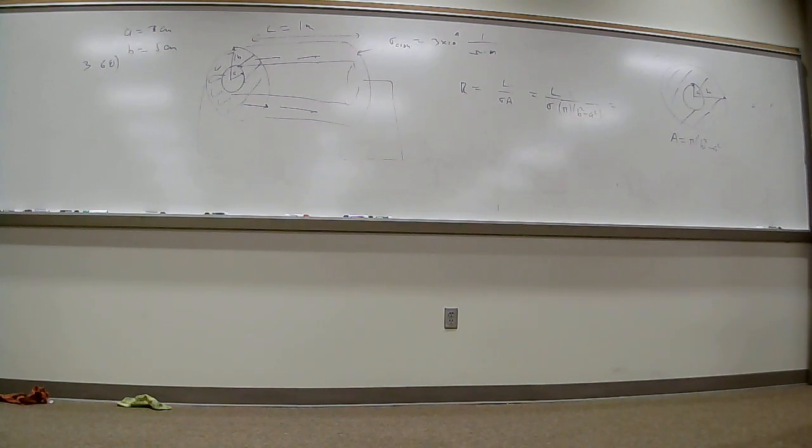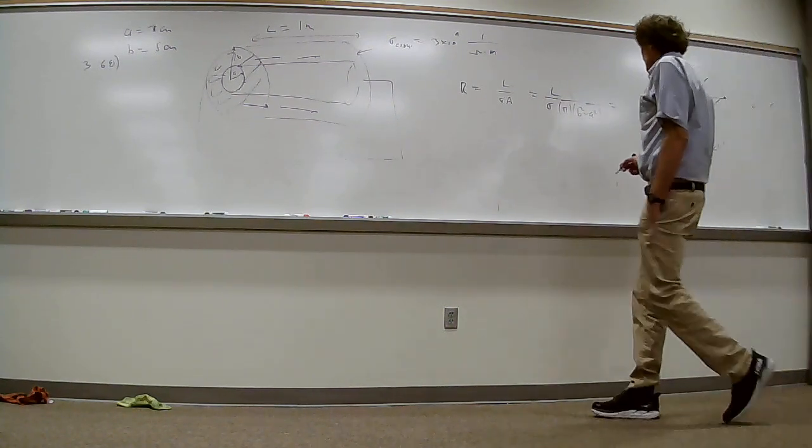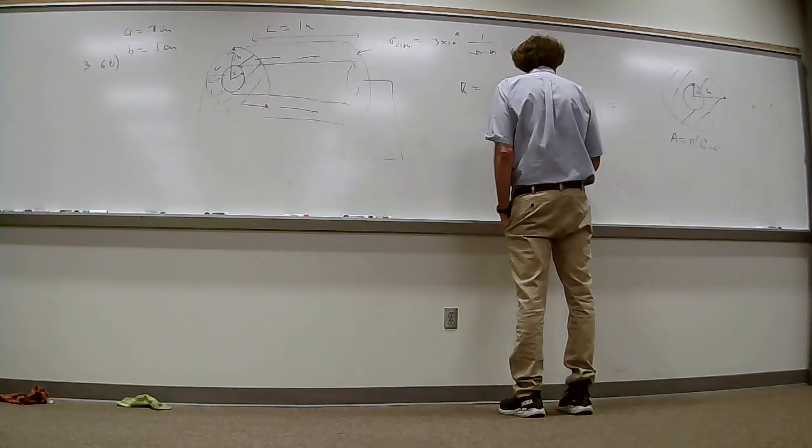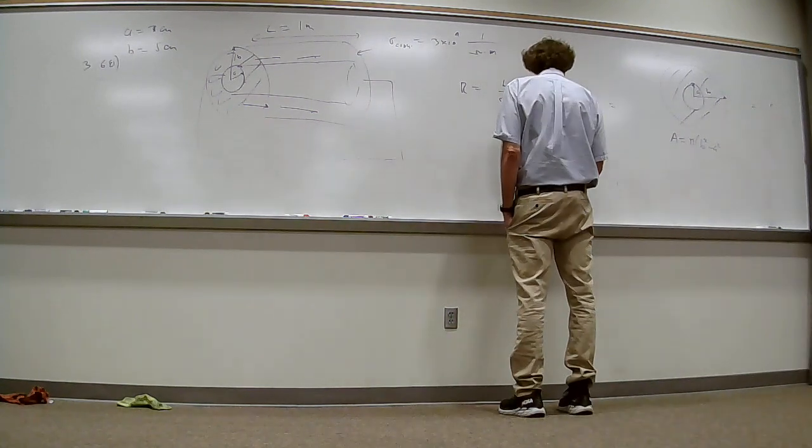So it looks like 1 over 3 times 16, or 1 over 48, I think. What did you get? Anybody? 5.3? Doesn't look right, but let's see. L is 1 meter, sigma is 3 times 10 to the 4.